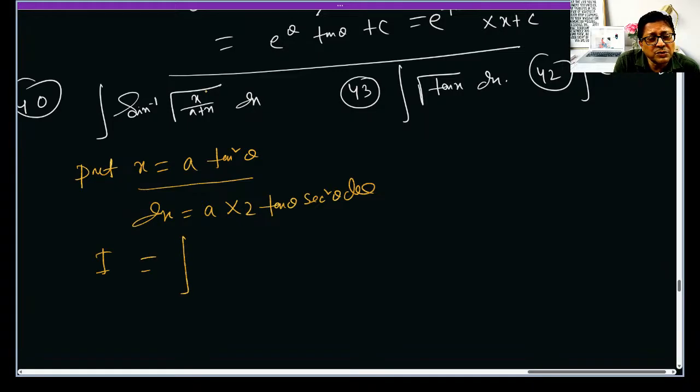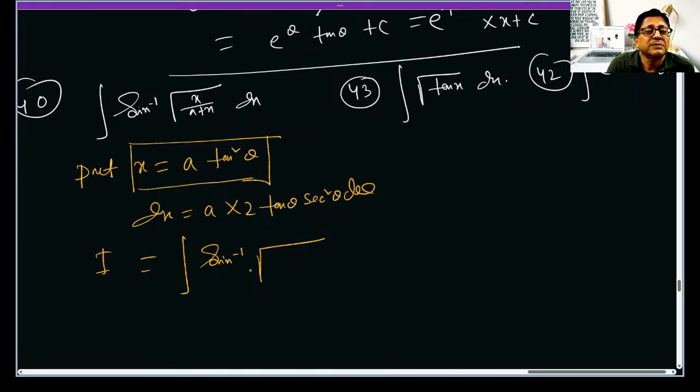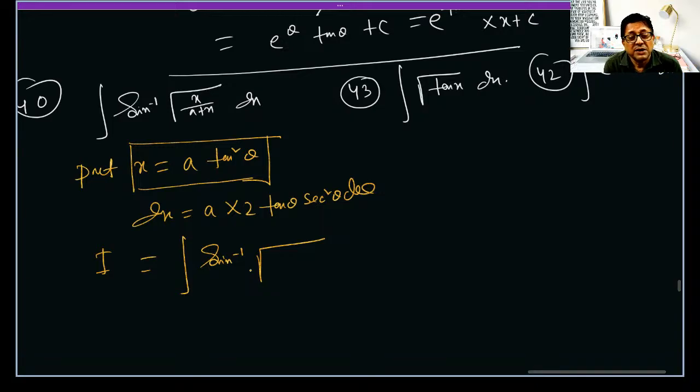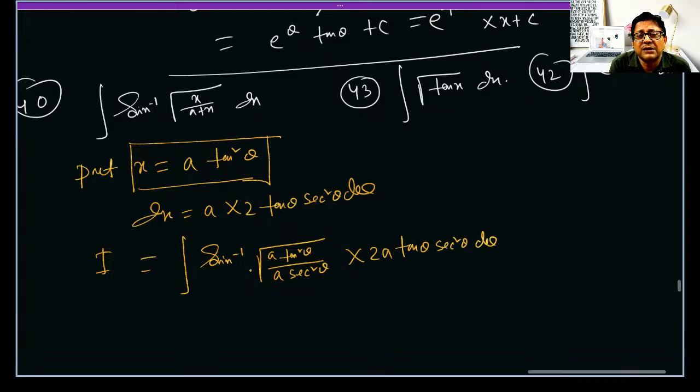So I equal to sine inverse. Why am I making this substitution? First you have to understand this. Why did I take this substitution? Because it will reduce the integral, no other reason. It is a tan square theta divided by a sec square theta, times 2a tan theta sec square theta d theta.